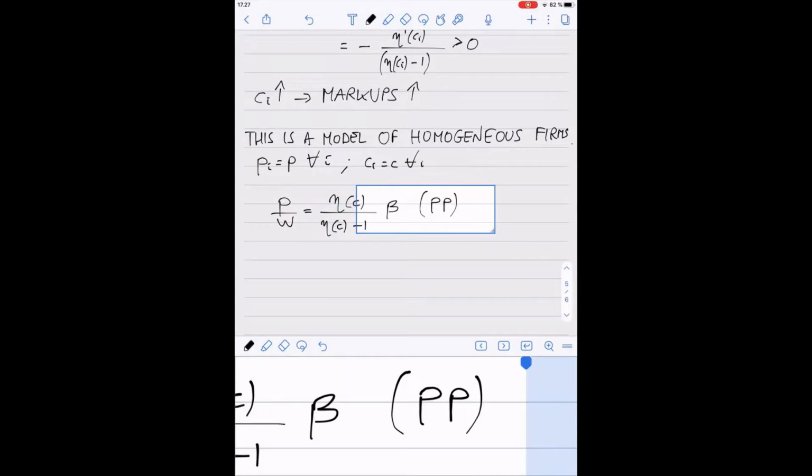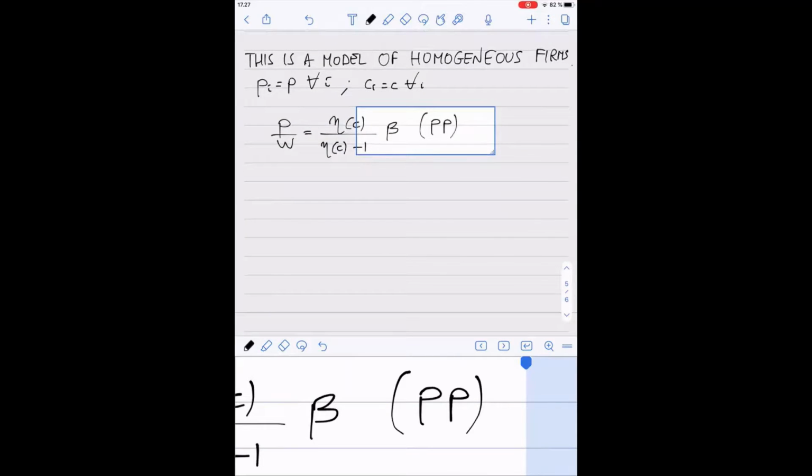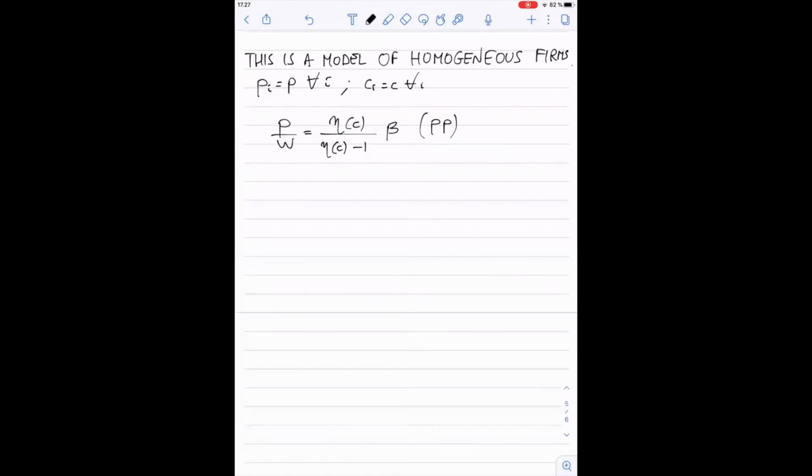And since the markups are increasing in C, if you plot this condition on a P over W, C plane, you get an increasing function.